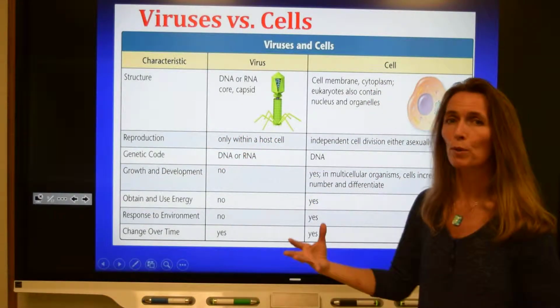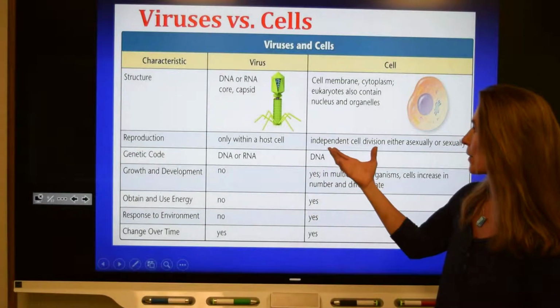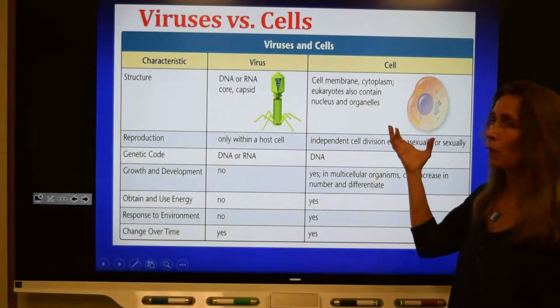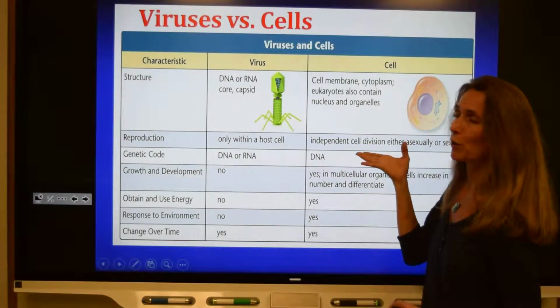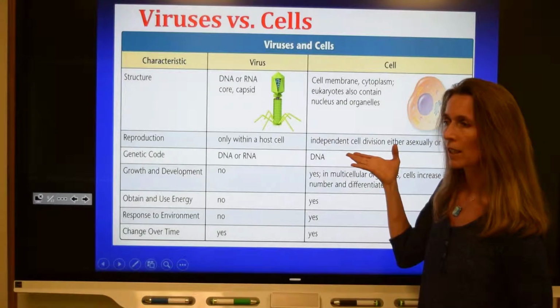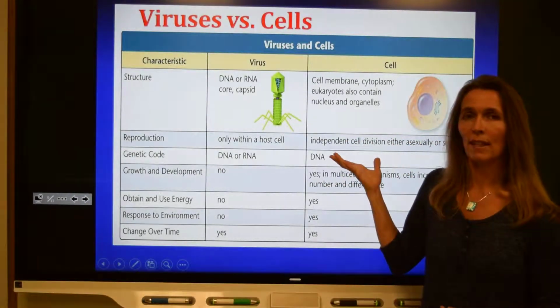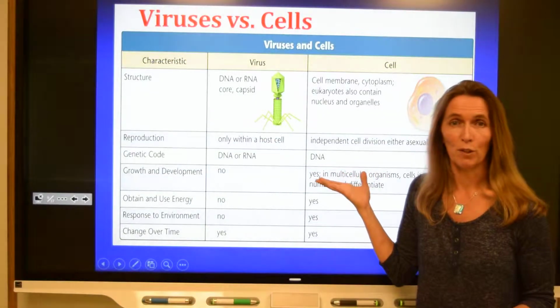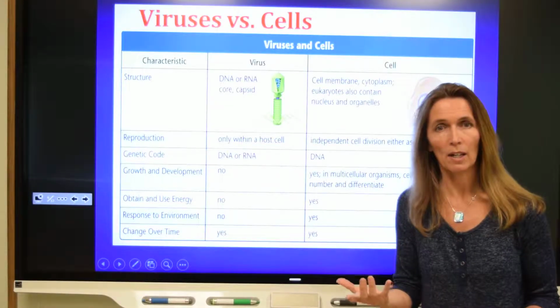Viruses cannot reproduce by themselves. They require a host cell, whereas eukaryotic and prokaryotic organisms can individually reproduce through division. Now you might argue, well, parasites cannot reproduce individually. They do need their host in order to reproduce, and this is a valid argument.